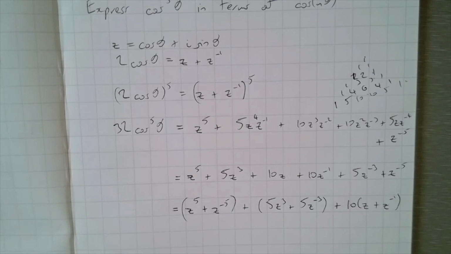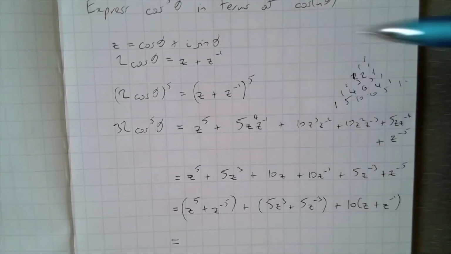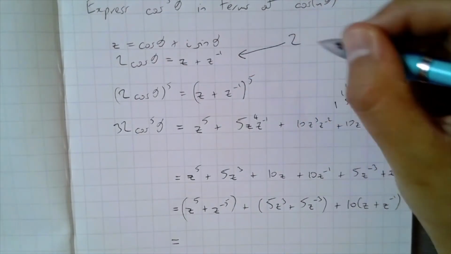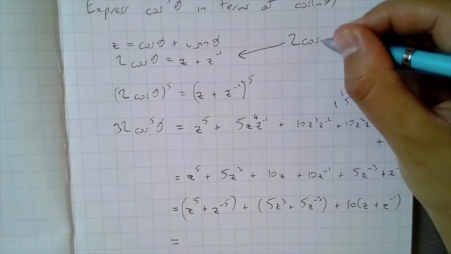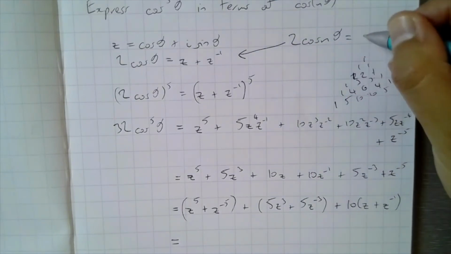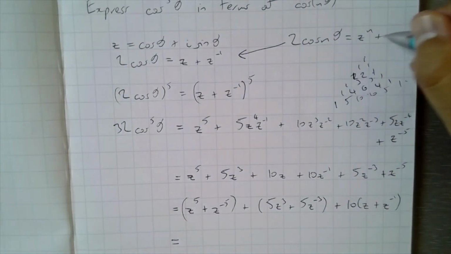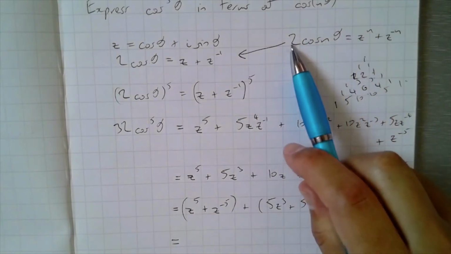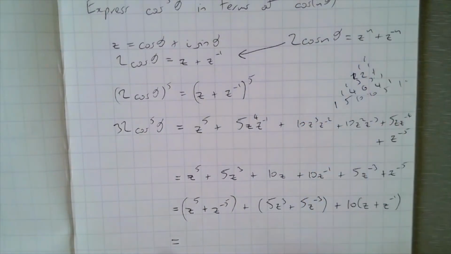Okay, so this is really useful now because I know what these individual things are. If I go back to this line up here, the general form of this is 2 cos n theta equals z to the n plus z to the minus n. And so this bracket here, if I put 5 in here, I'm going to get 2 lots of cos 5 theta.